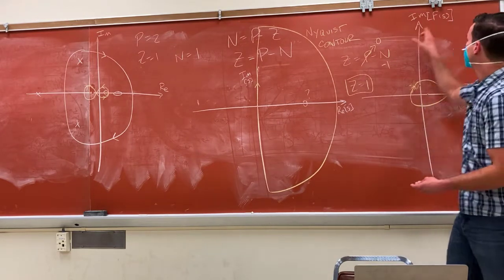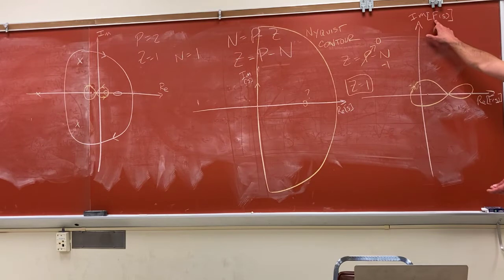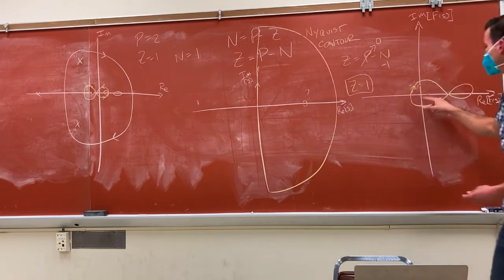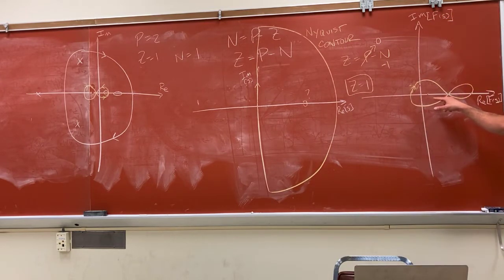Think about if your f function has more poles than zeros, then every single one of these points is going to map to the origin. What I've drawn here, you can actually conclude one better: this f function has an equal number of poles and zeros, because it doesn't go to 0 and it doesn't go to infinity.